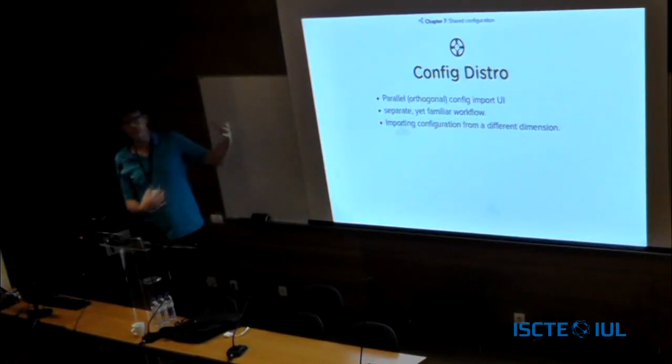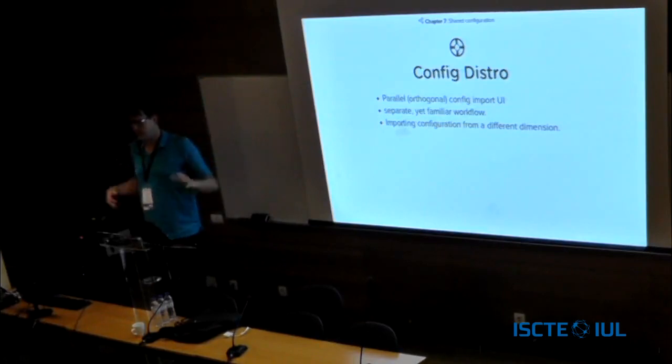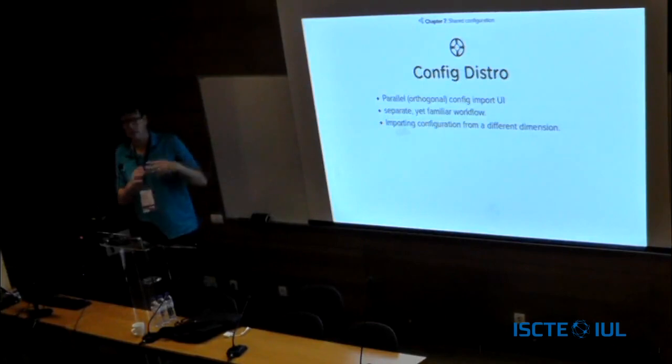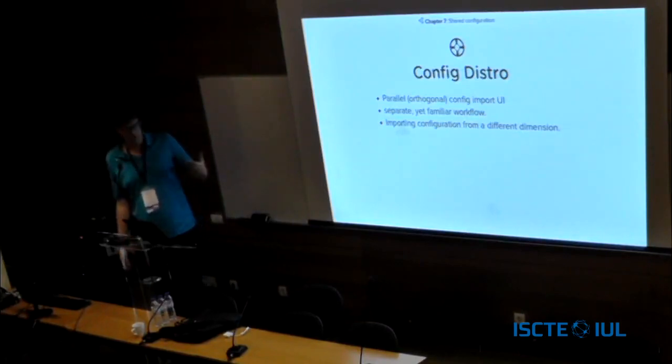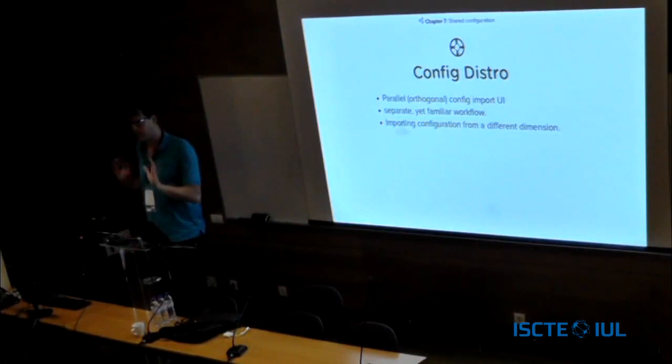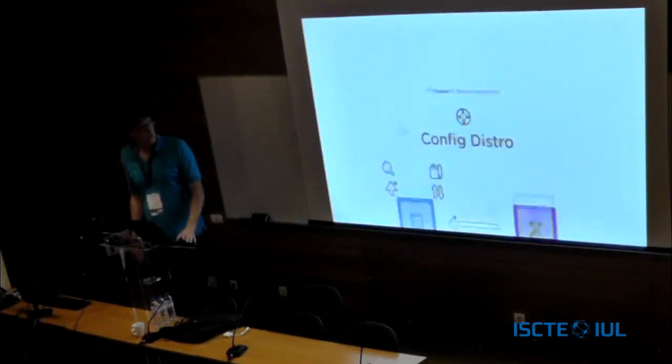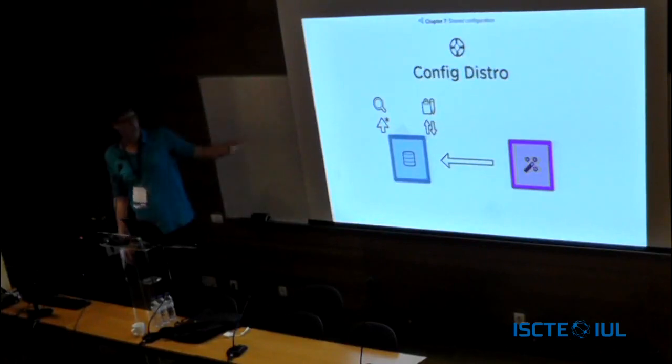And the config distro in itself doesn't actually do any of the hard work. It just provides you the UI and this workflow of updating configuration from distribution. It's not opinionated of how you get there, but the idea is that you have this other dimension that core currently doesn't have.